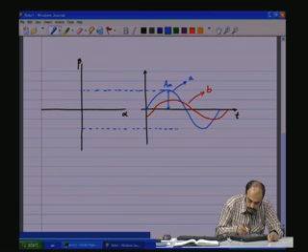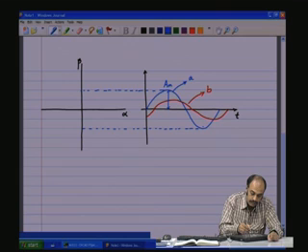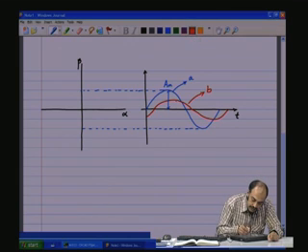So, we see the peak to peak amplitude here, and the red has a peak to peak amplitude of this magnitude as shown here.